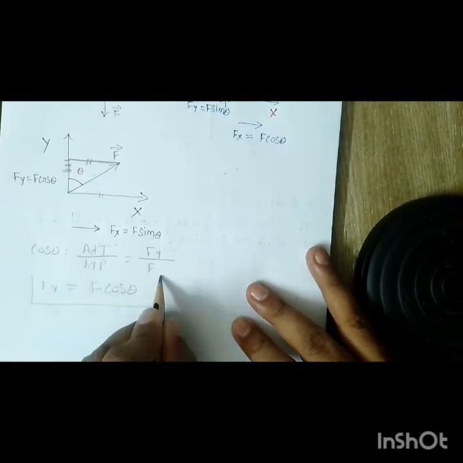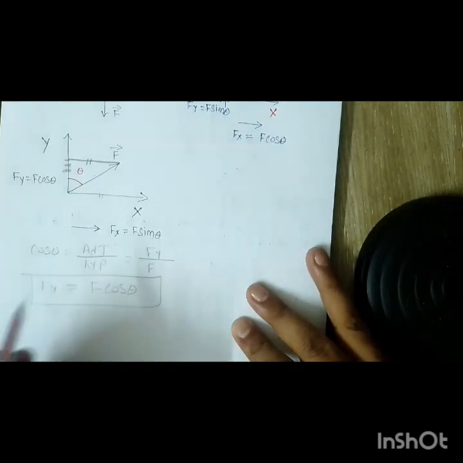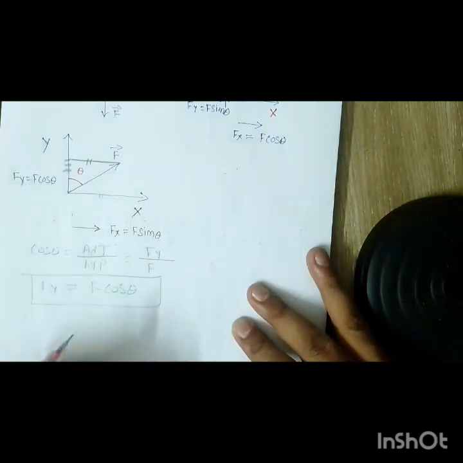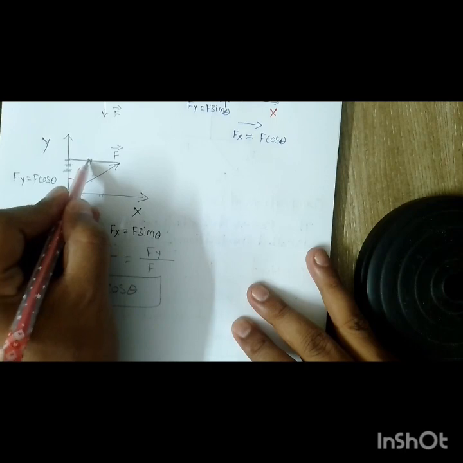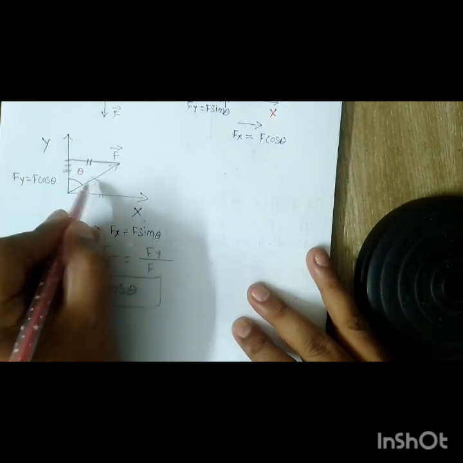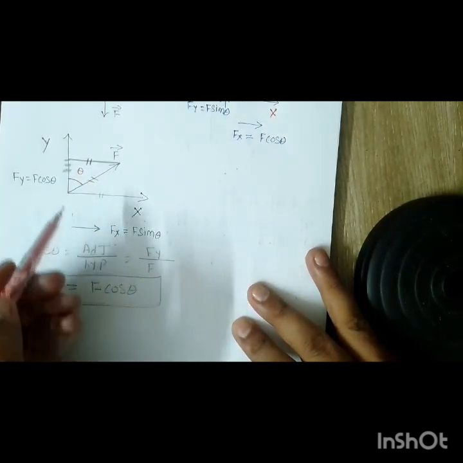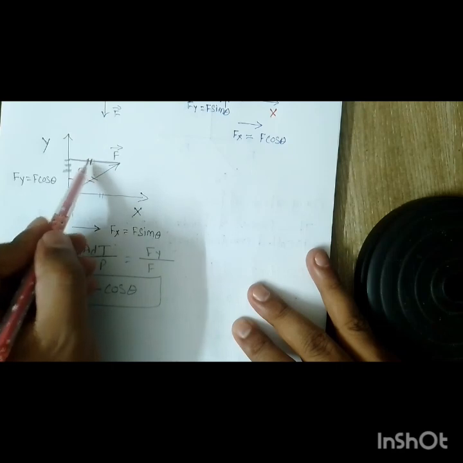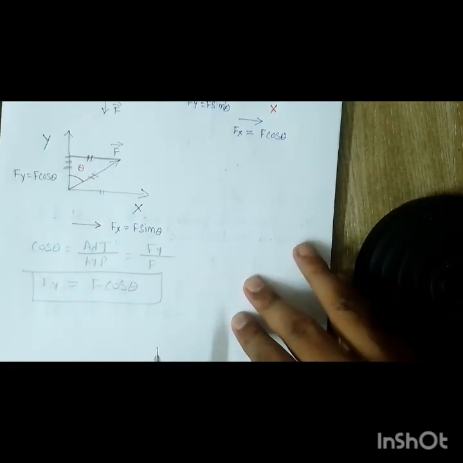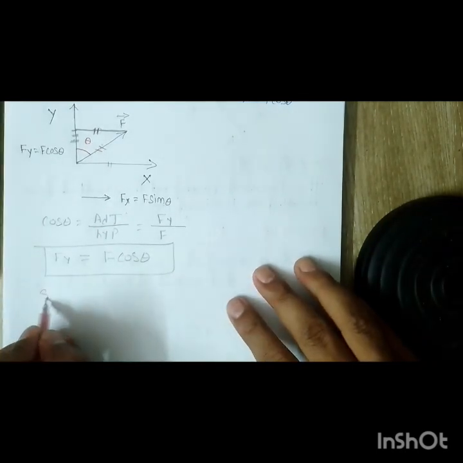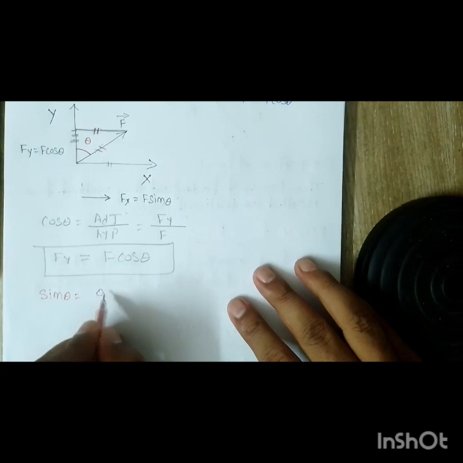Okay. Similarly, if you want to know the horizontal component, you have to find this relation. This is the opposite, and this is the hypotenuse. So what is the relation between opposite and hypotenuse? That is sine theta. Very good. So sine theta is equal to opposite by hypotenuse.